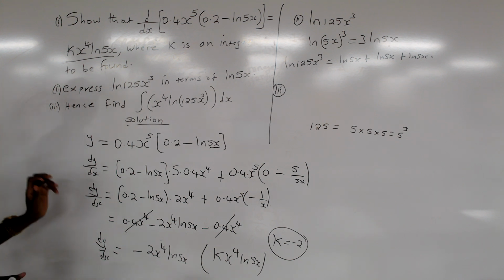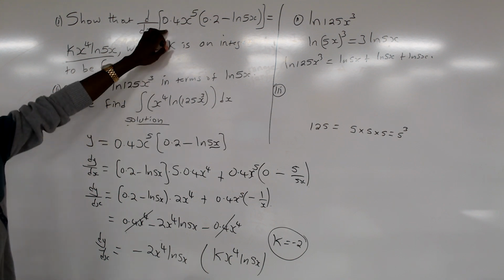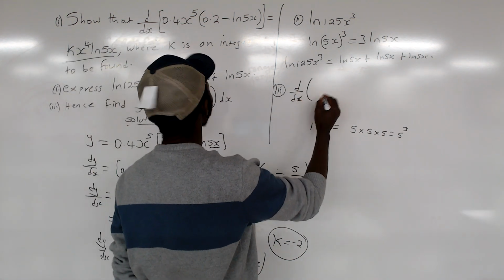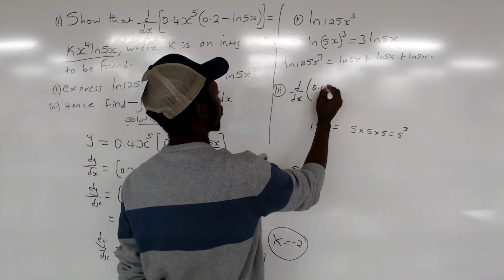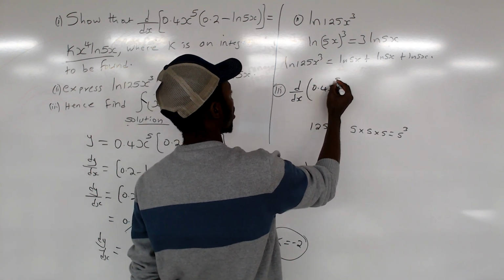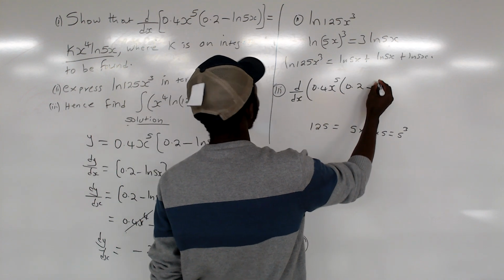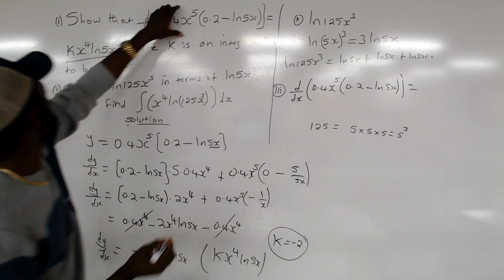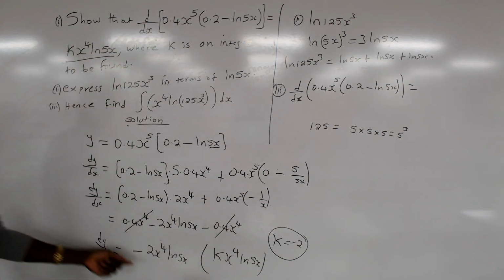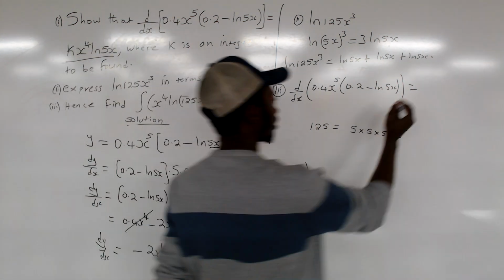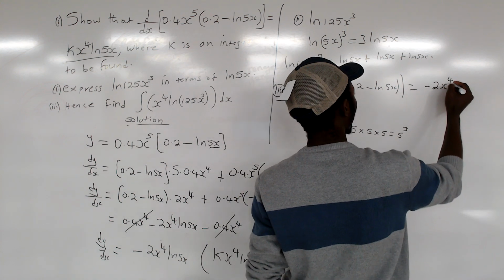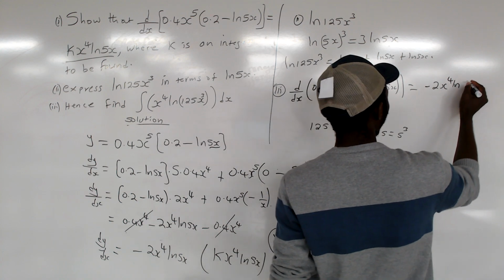But before we move to this point, we have to be aware of this. Let's rewrite this function, d all over dx, into 0.4x raised to the power 5 into 0.2 minus ln 5x. This value equals this, but we have it to be negative 2x raised to the power 4 ln 5x.